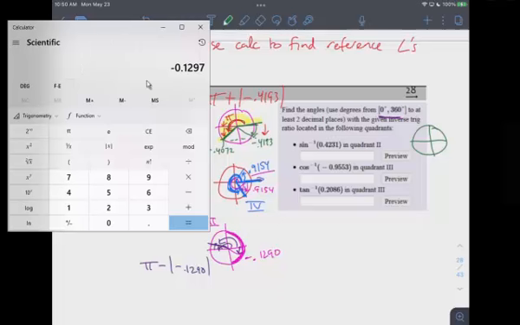If I first change my calculator to degree mode, which I've done, take my ratio, 0.4231, and evaluate the inverse sine of this, I get approximately 25 degrees.